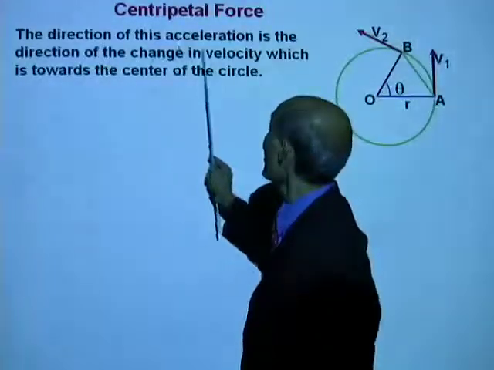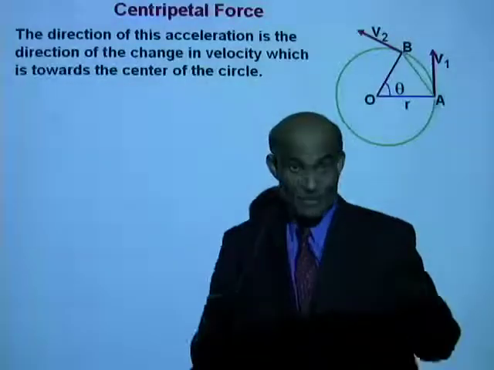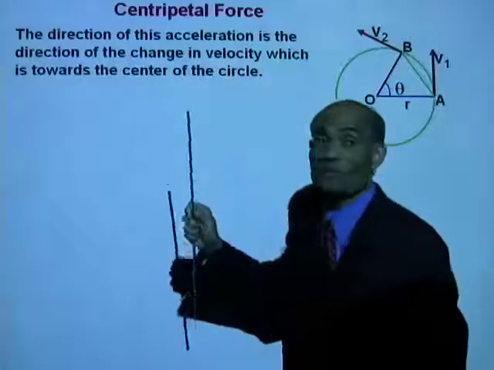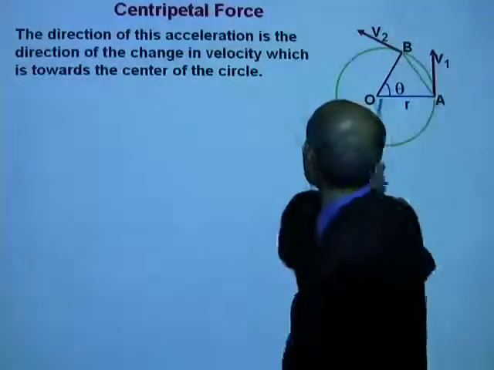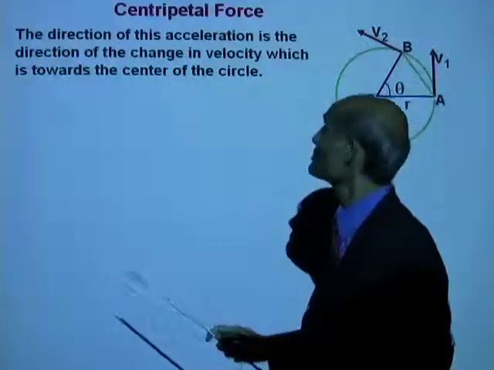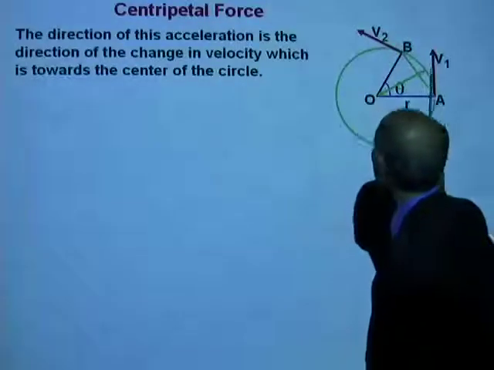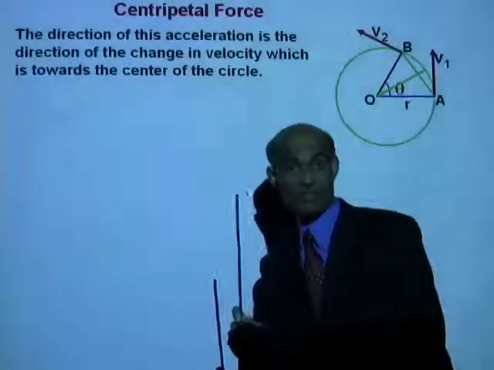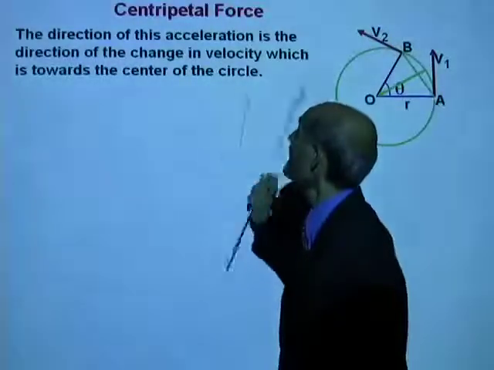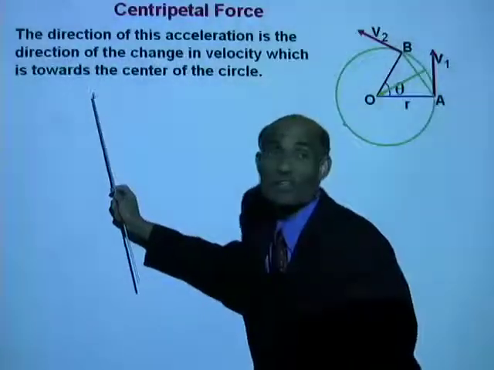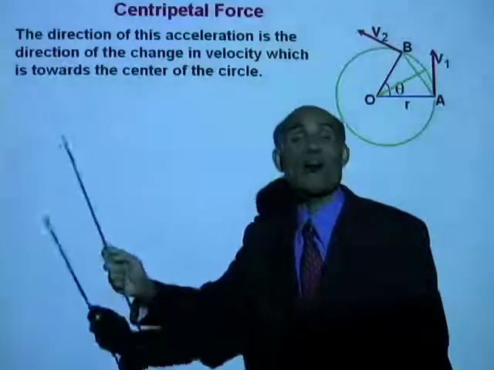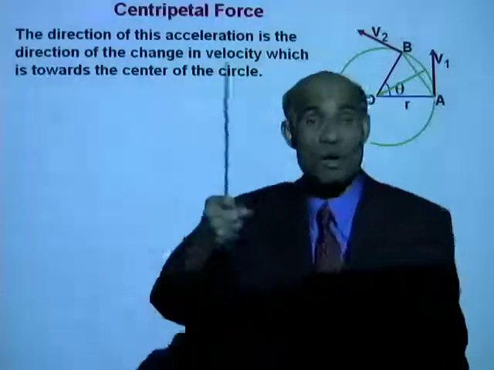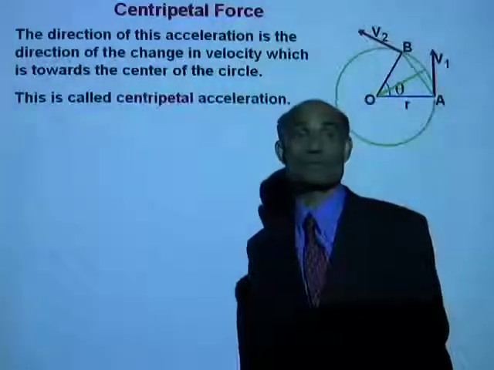The direction of this acceleration is the direction of the change in velocity, which is towards the center of the circle. Therefore, that is the direction of the acceleration, and therefore that is the direction of the force that is responsible for that acceleration.